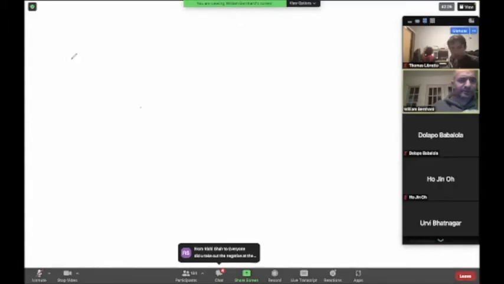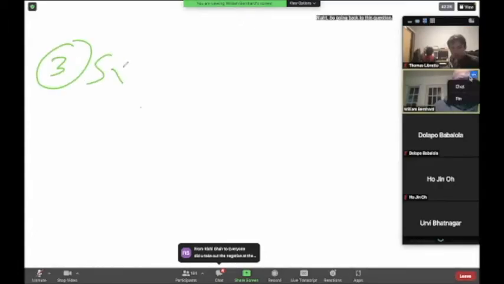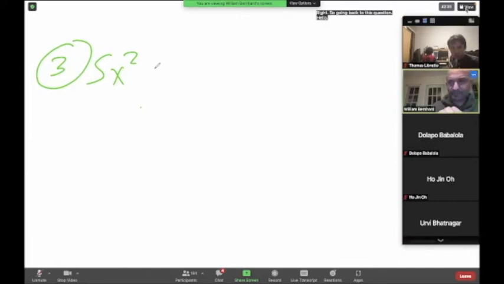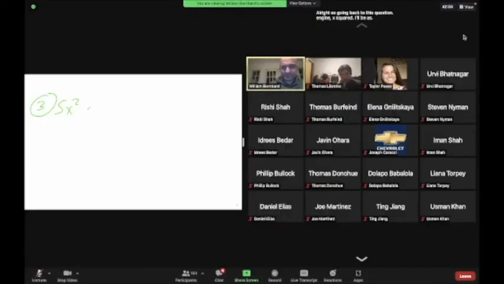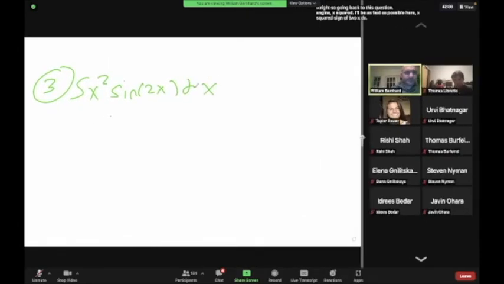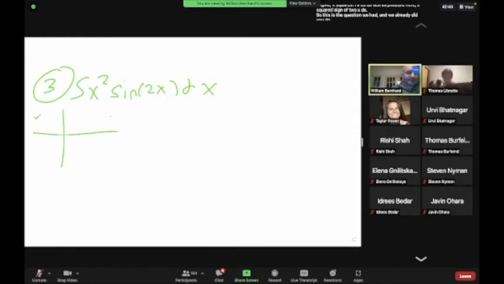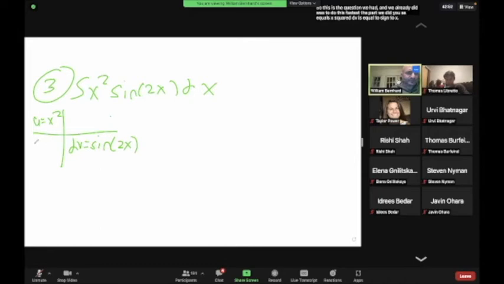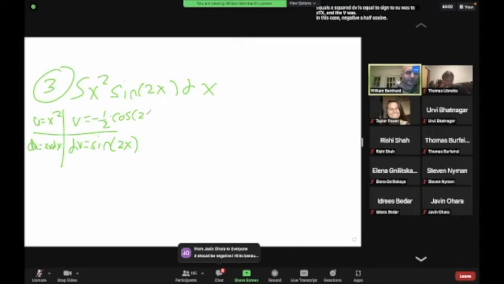All right, so going back to this question, the integral of x squared sine of 2x dx. I'll be as fast as possible here. This is the question we had, and this is the part we did: u is equal to x squared, dv is equal to sine 2x, du is 2x dx, and v was, in this case, negative a half cosine 2x.